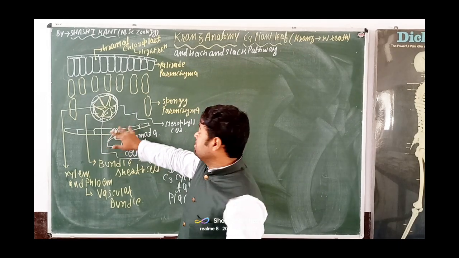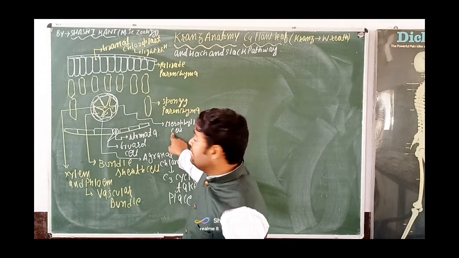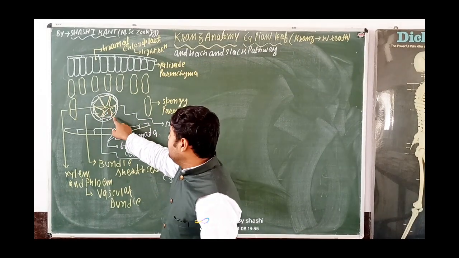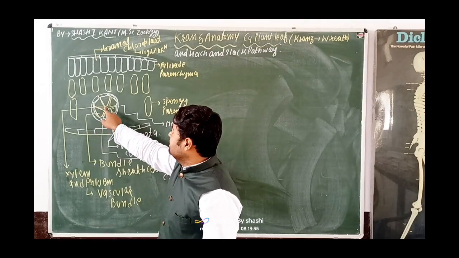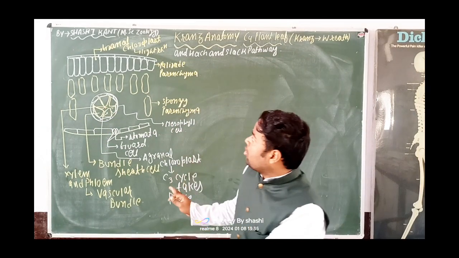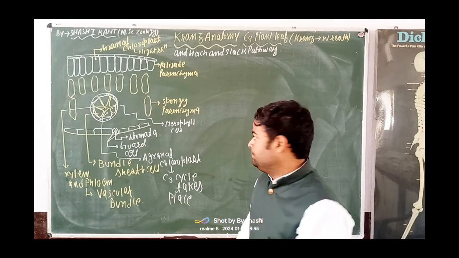The outer layer is the mesophyll cell. Inside this mesophyll cell there is a bundle sheath, and inside this bundle sheath there is a cluster of vascular tissue. So that's all for Kranz anatomy, that is, the C4 leaf.